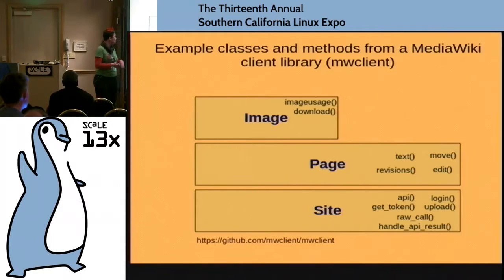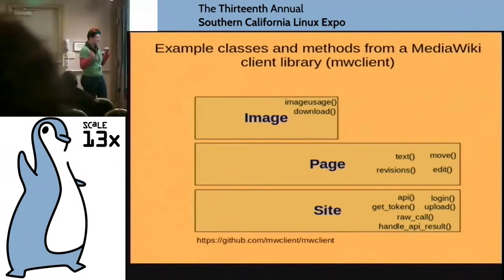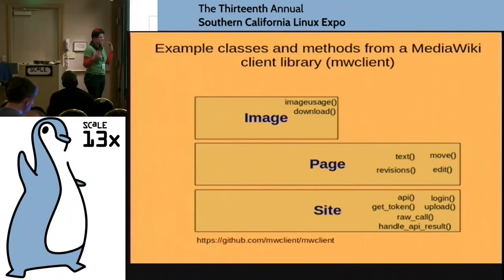You have helper functions that will just handle what that gives back, and then you can work on the page level where, you know, page.text, page.move, but you're not going to call, for instance, page.api.